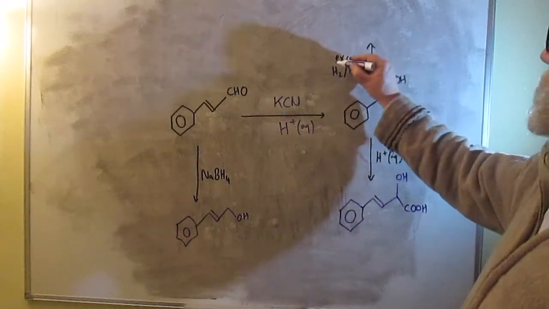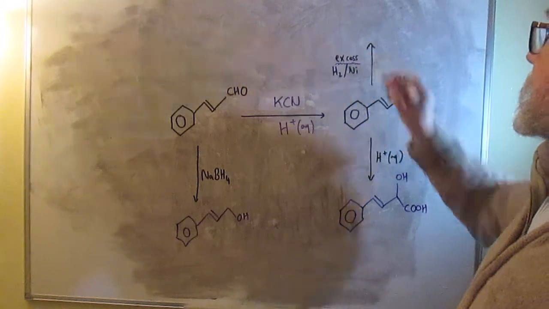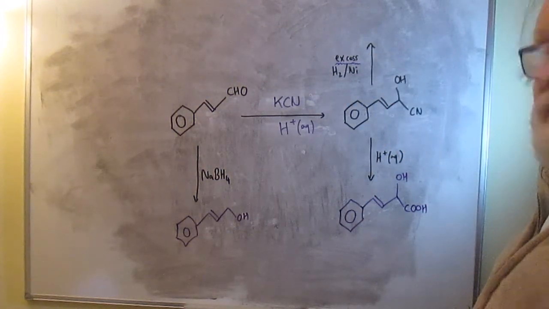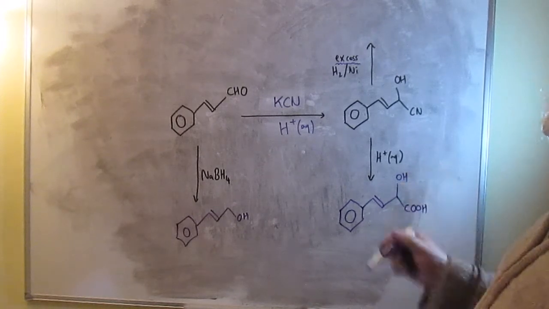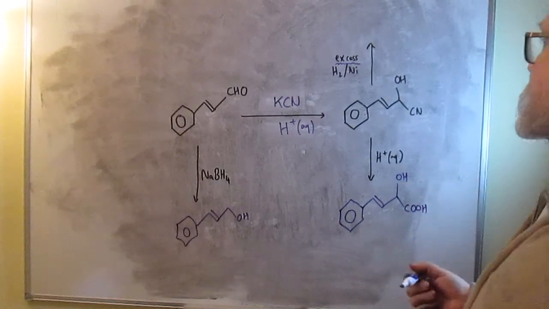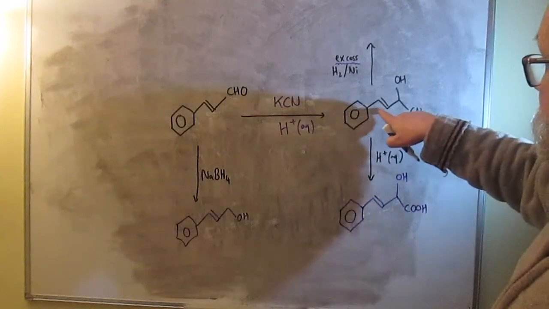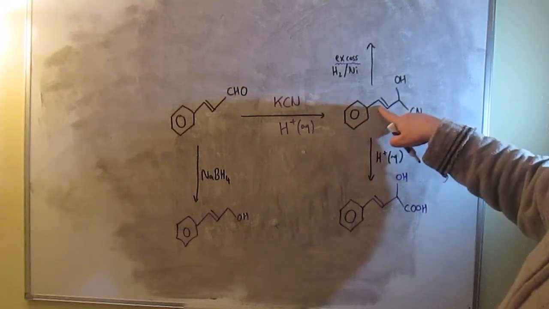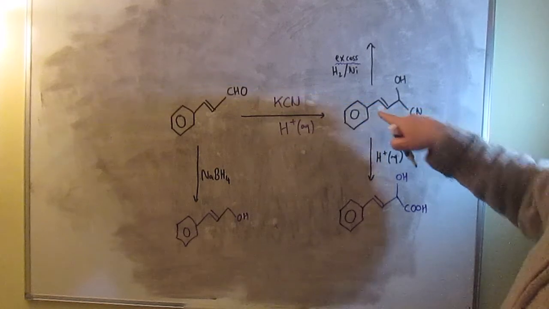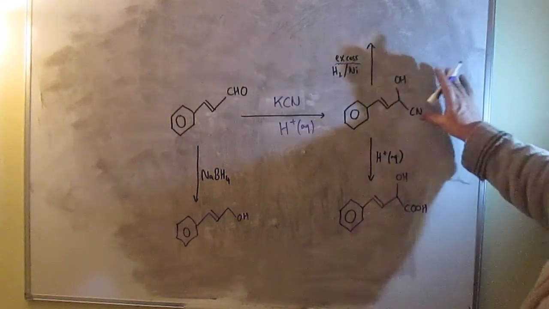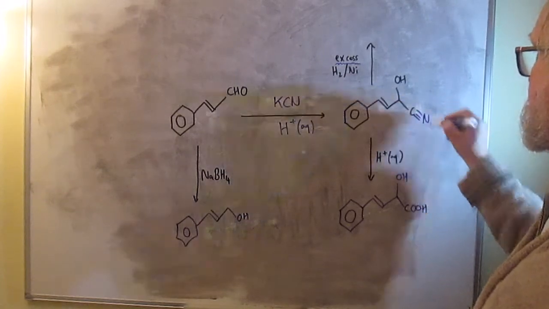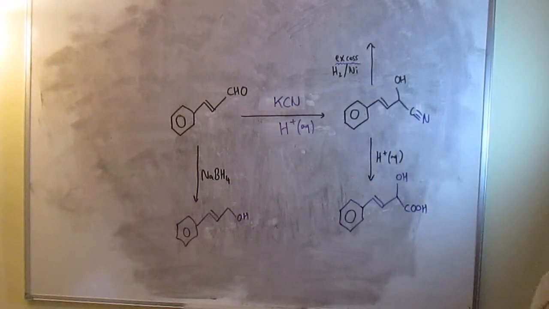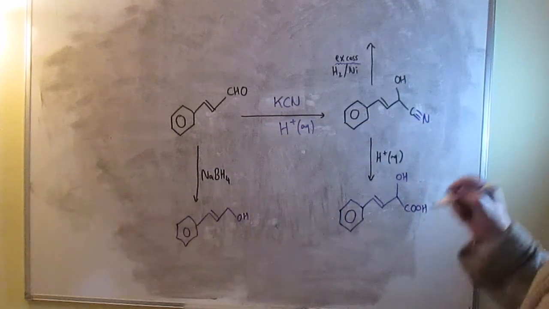Now this one, the thing to do is to take heed of that big hint. Excess again usually means that more than one group reacts. And hydrogen and nickel adds hydrogen atoms across a pi bond, so you can do it here to the alkene group, but also here, because remember, a nitrile group is actually that. So you can add hydrogen across the nitrile group as well. So it will do both of those things.